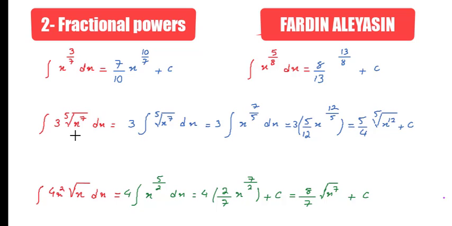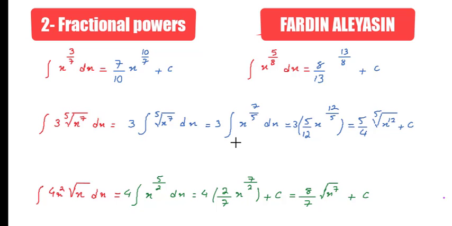In the third example, integral of 3 times the 5th root of x to the 7 dx. As I told you before, 3 is a constant, and I can pull it out of the integral. And the rest is the 5th root of x to the 7 dx.